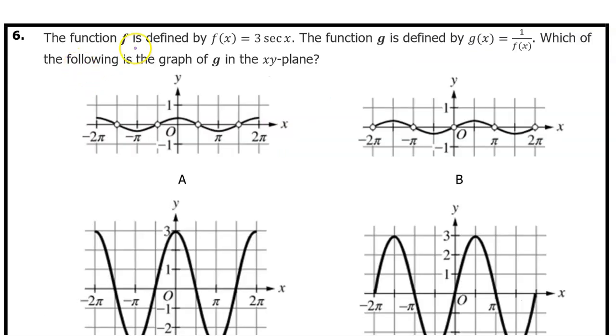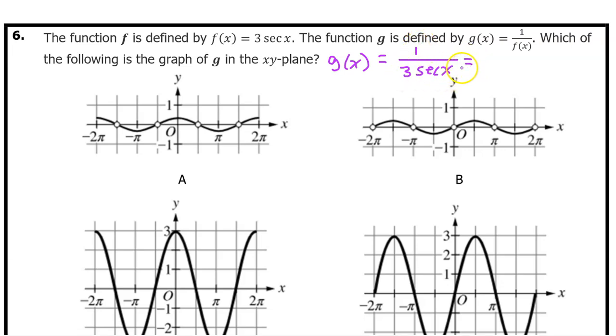Number 6. The function f is defined by f of x equals 3 times secant x. The function g is defined by g of x equals 1 over f of x. Which of the following is the graph of g in the xy plane? Since g of x is 1 over f of x and f of x is 3 secant x, then g of x is 1 over 3 secant x.